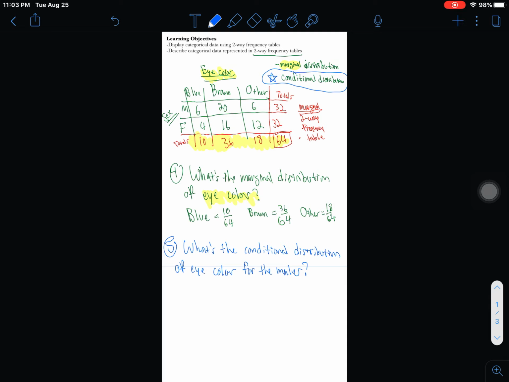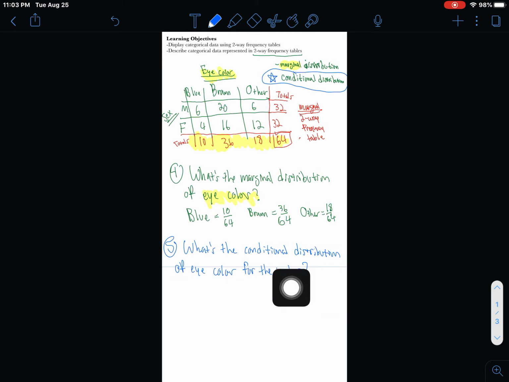So conditional distribution is specifically when you're looking inside of your frequency table. So you're not looking at the margins anymore, but now you're looking inside at either a specific row or a specific column. And here's how we know. We're looking at the conditional distribution of eye color for the males.